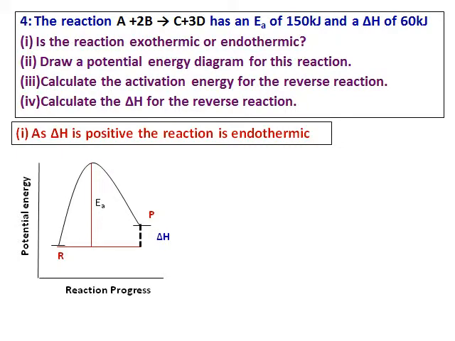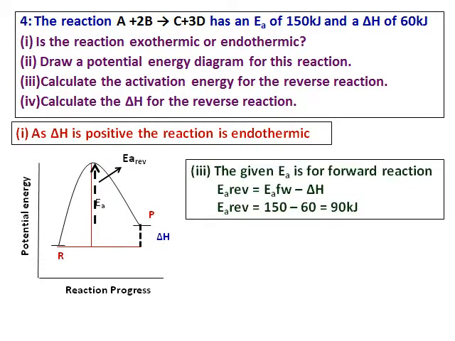Now the next question, calculate the activation energy for the reverse reaction, and you can see that the hill the product has to climb to reach the reactant is smaller than the one which a reactant climbs before it reaches the product, and the given activation energy is for the forward reaction.